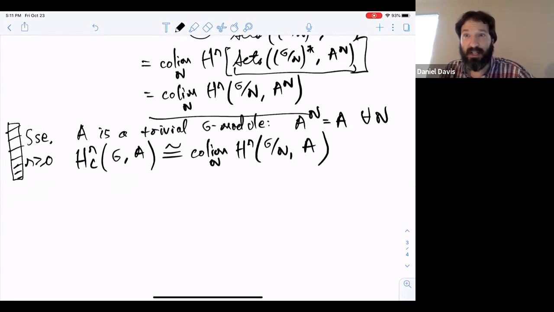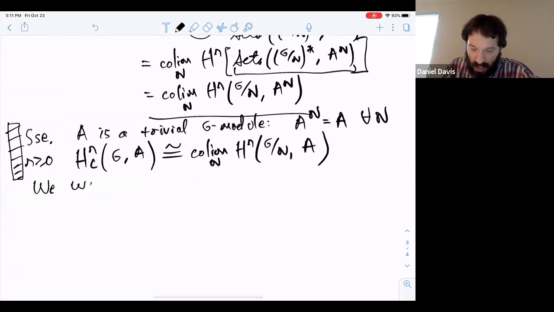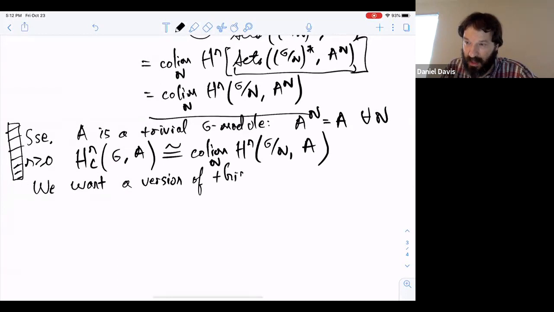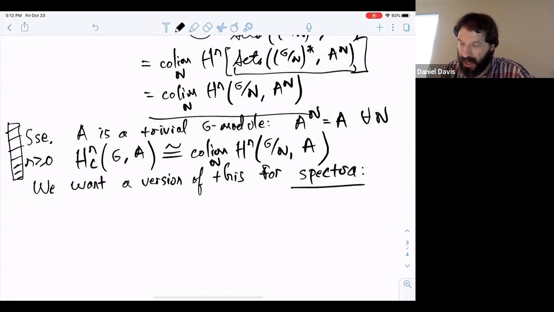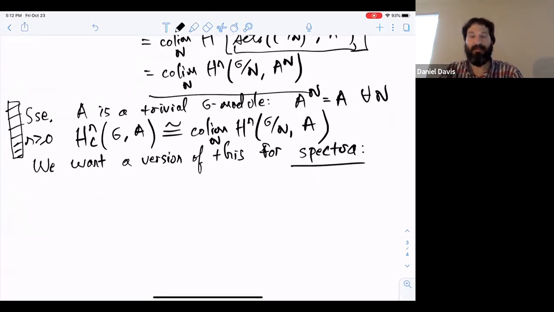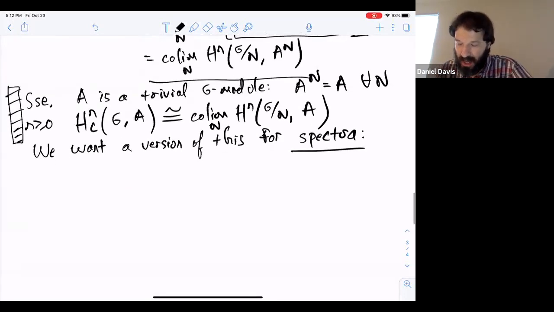What I would like to talk about in the remaining time is that we would like to have a version of this for the setting of spectra. So I need to define a few things.